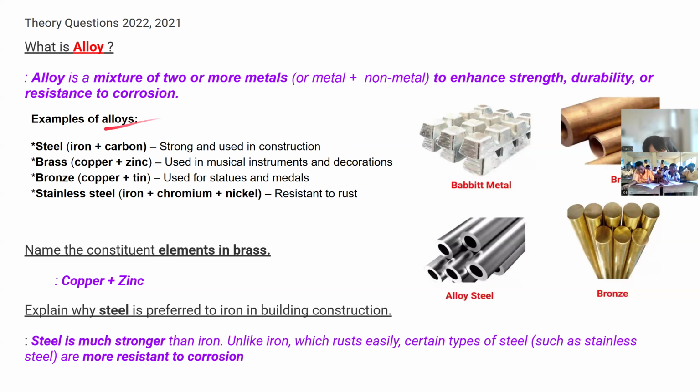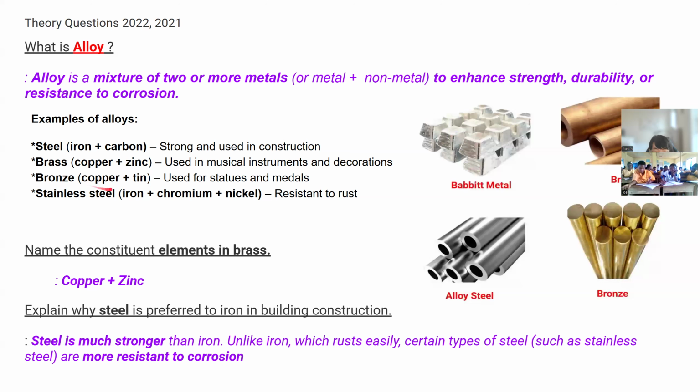Examples of alloys are steel, which is a combination of iron and carbon, strong and used in construction. There's also brass, which is copper and zinc mixed together, usually used in musical instruments and decorations.